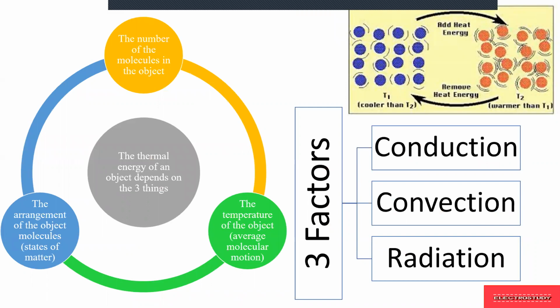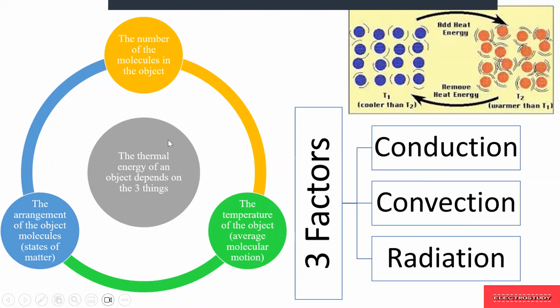This thermal energy depends on three things. Here you can see the number of molecules. When there is more number of molecules and you add heat, the arrangements of the molecules keep differing.